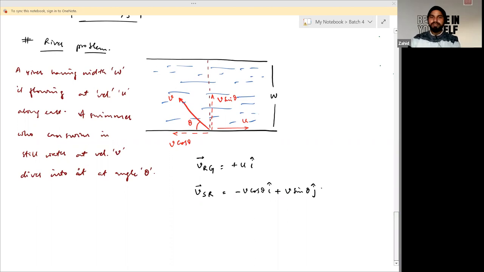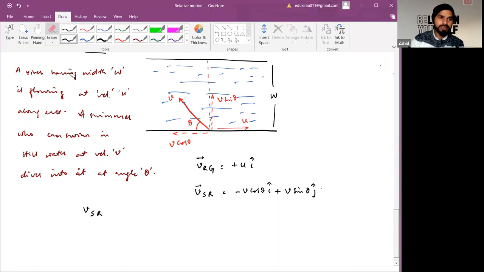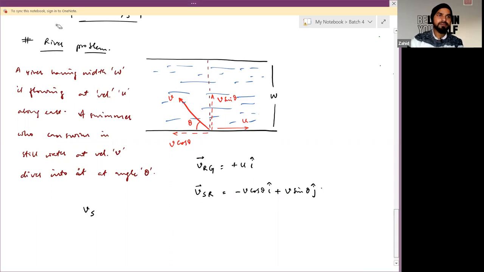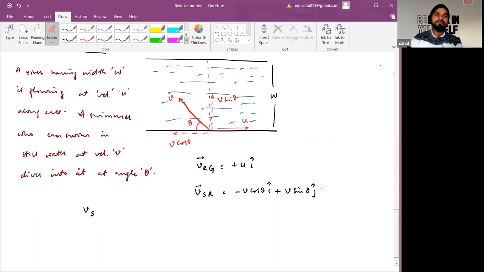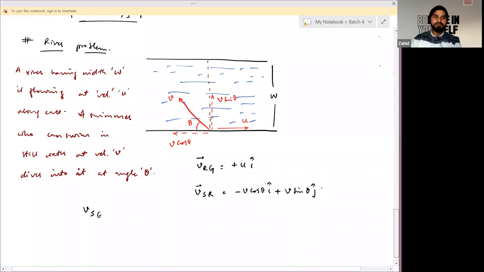Now, using these two terms, we may define velocity of swimmer with respect to river and velocity of swimmer with respect to ground, which we have to find. It equals velocity of swimmer with respect to river plus velocity of river with respect to ground.